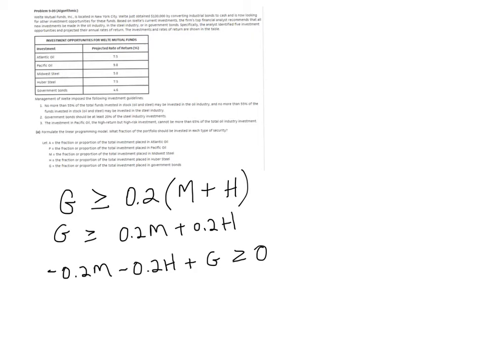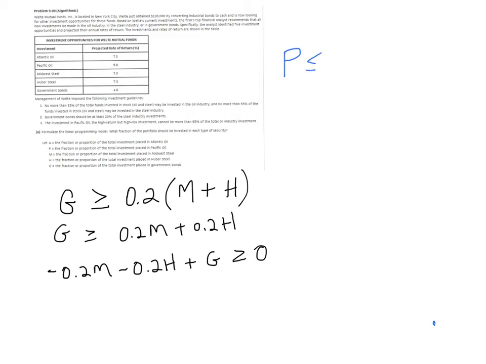So let's do the same thing for the third constraint. The investment in Pacific Oil, the high return but high risk investment, cannot be more than 65% of the total investment in the oil industry. So the investment in Pacific Oil, which is P, cannot be more than 65%.